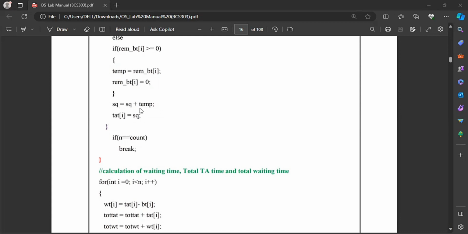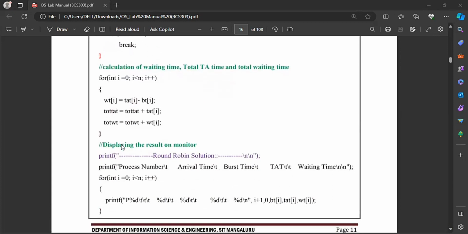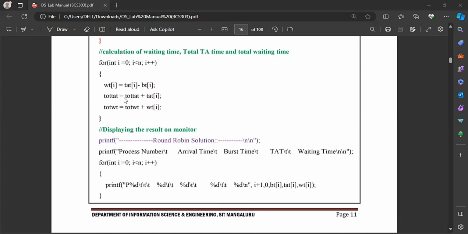Then if n is equal to count, the loop ends; it continues until the processes have completed. Next we are calculating the waiting time, the turnaround time, and the total waiting time. How are we calculating the waiting time?